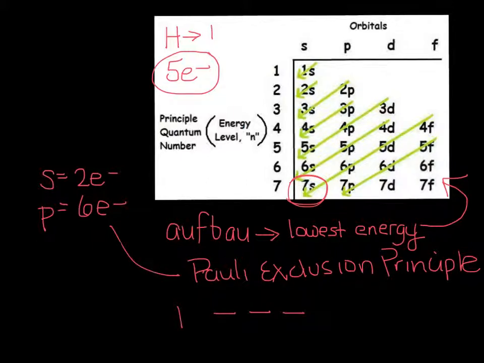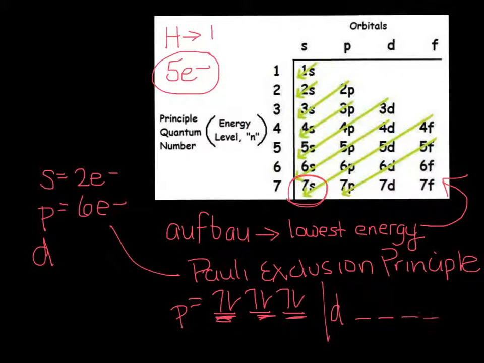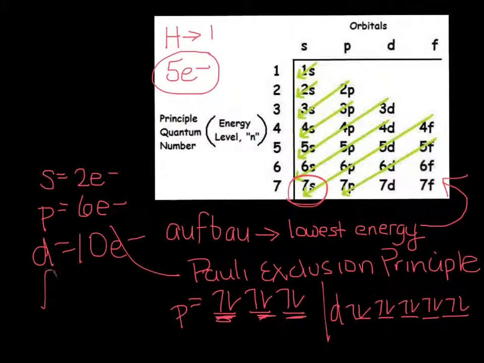So P, being a 3-bedroom orbital, can hold, if we were to diagram it, 6 electrons, 2 in each of the bedrooms. That means D, which we said was sort of like a 5-bedroom apartment, would be able to hold 10 electrons, 2 in each of the bedrooms. And F has 7 bedrooms, so it can hold 14 electrons.